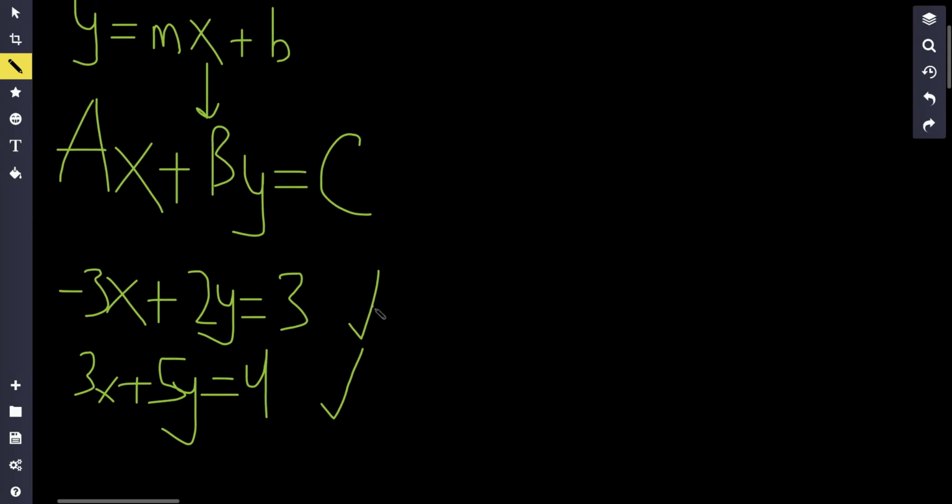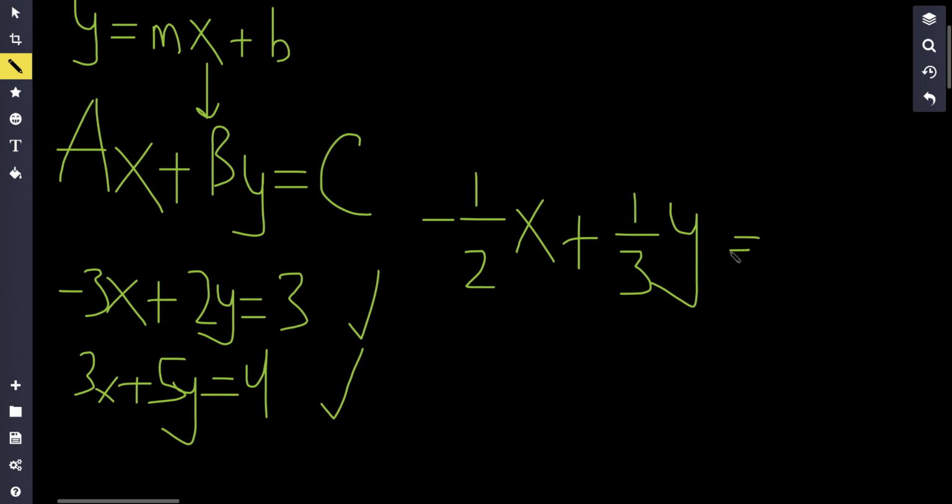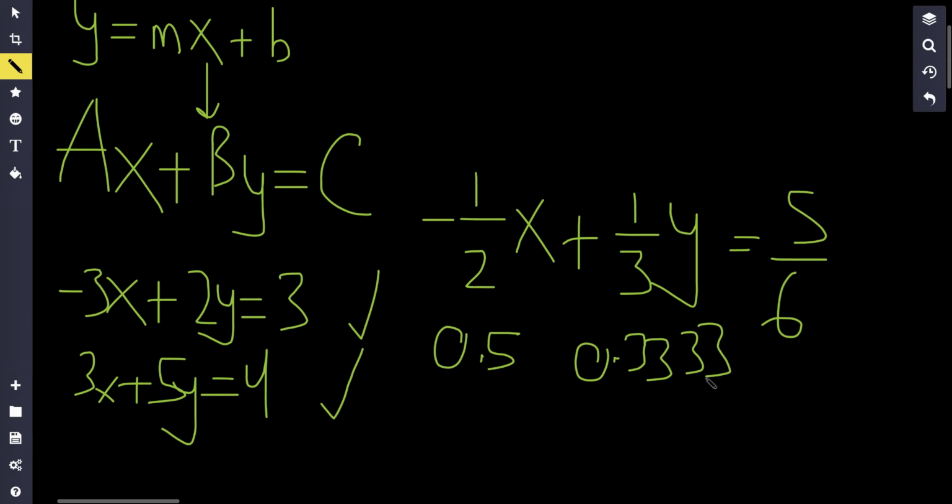Something that's not in standard form would be something like negative 1/2 x + 1/3 y = 5/6. This is not in standard form. If it involves decimals, like 0.5, or 0.33333, or if it involves these fractions, it's a no-go.